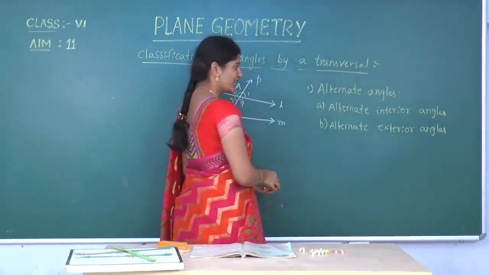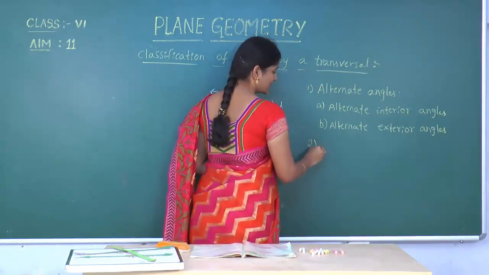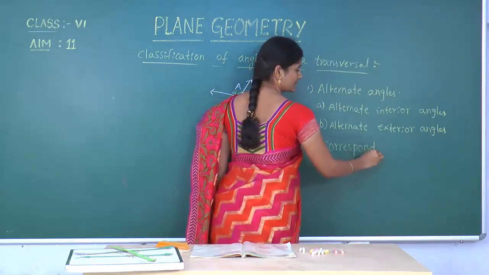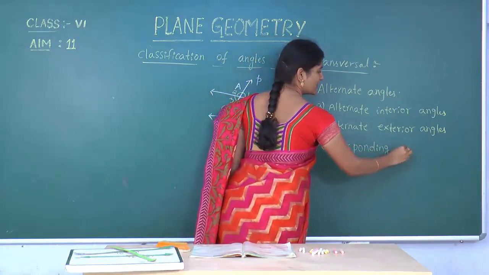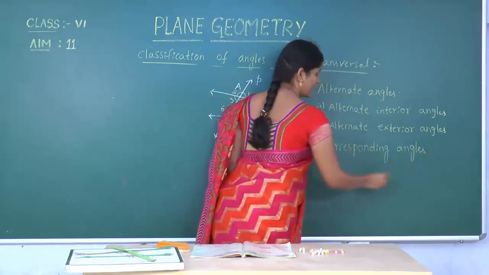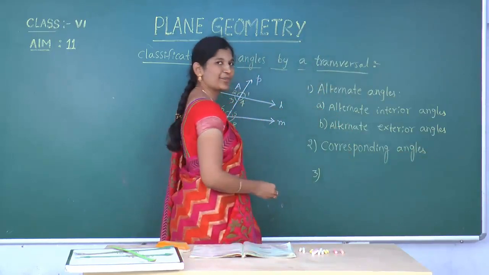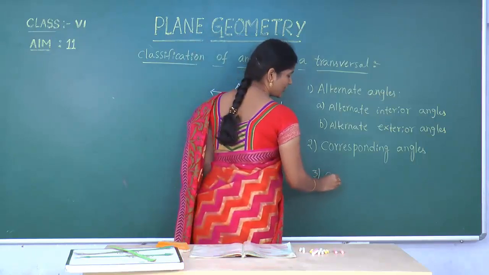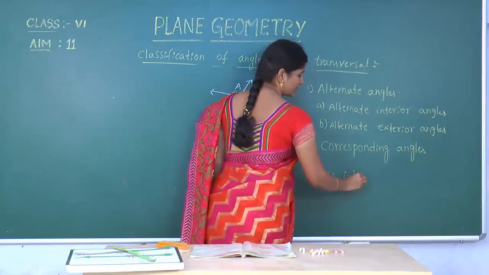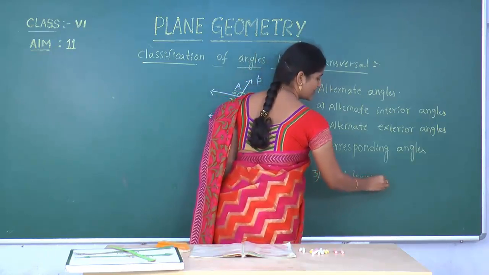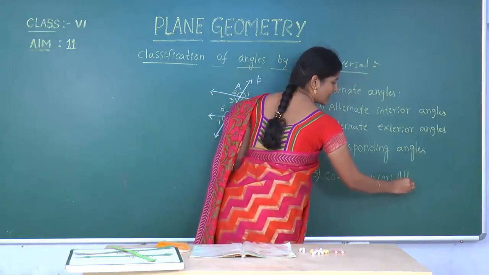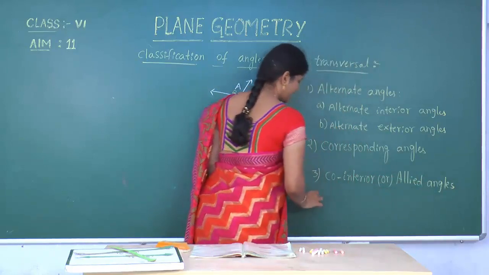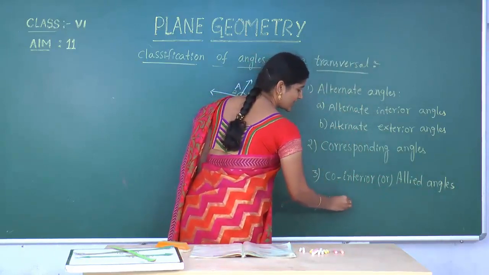The second category is corresponding angles. The third one is co-interior angles or allied angles. And the next one is co-exterior angles.